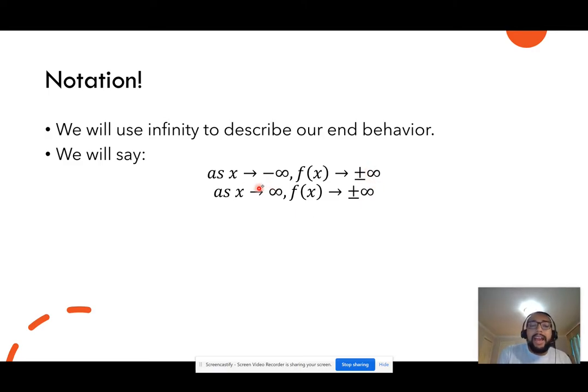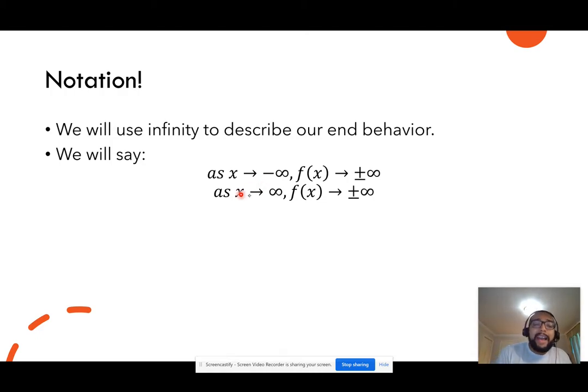But this is saying here, as the x values approach negative infinity, it really means all the x values on the left. So the left side of my equation, left side of my graph. As those x values get closer and closer to negative infinity, as they go to the left, my y values, or my function in this case, are either going up or going down, all dependent on if the degree is even or odd, and if the leading coefficient is positive or negative.